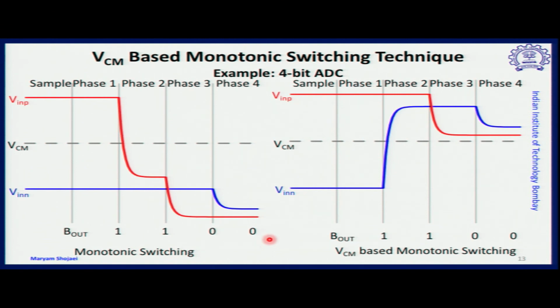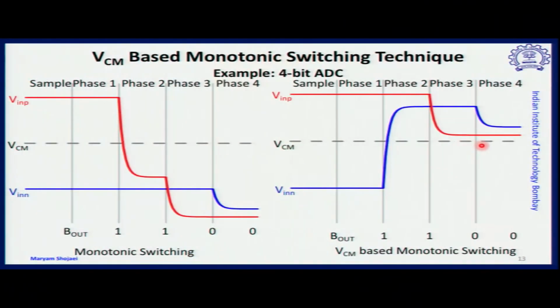Now if we have the same input levels and same common mode level for the VCM-based monotonic switching, you observe that the swing is less, but still it is monotonic. So VinP is more than VinN, so the VinN side increases, which is the negative terminal of the comparator.